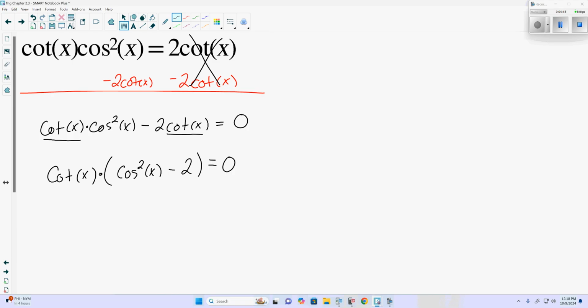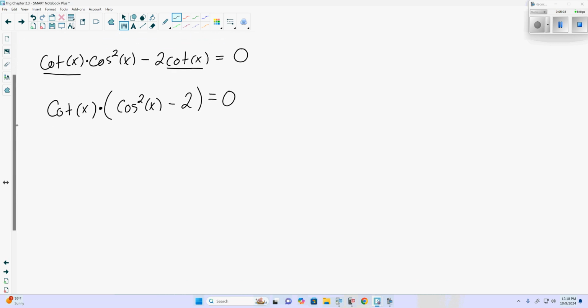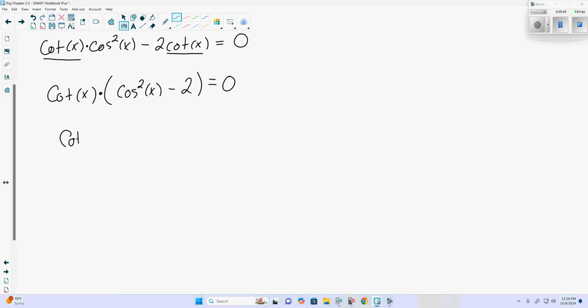Two things being multiplied together that equal 0, yes? Zero product property. The only way I can multiply two things together, or two or more things together and get 0, is that one of those two has to be 0. And that's why this is helpful, because it's telling us that cotangent of x is equal to 0, or cosine squared of x minus 2 is equal to 0.